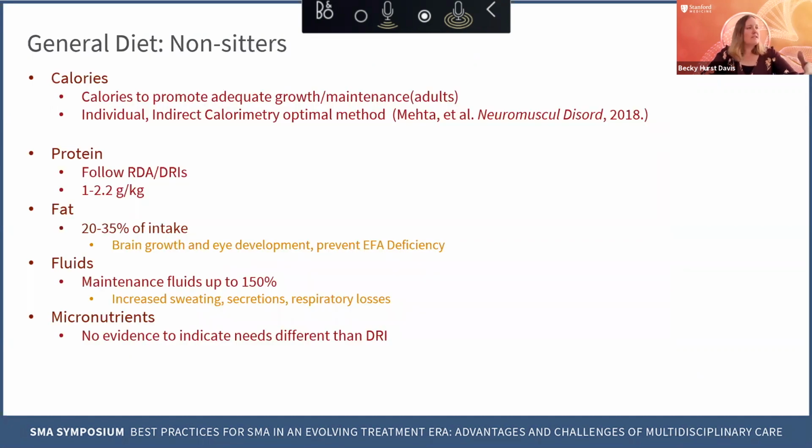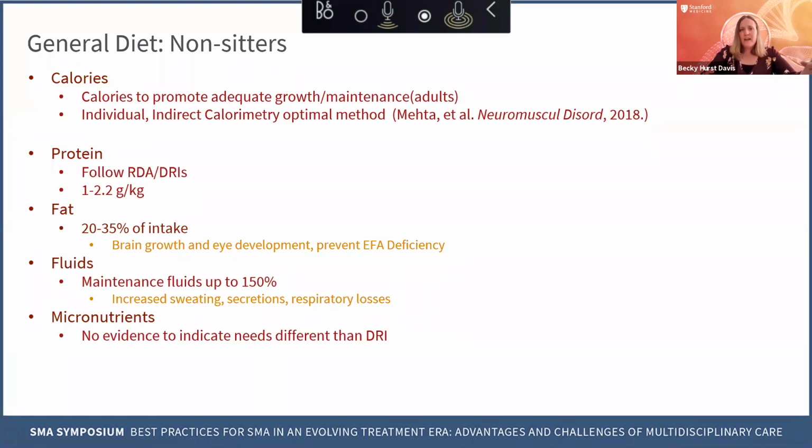Okay, so for general diet, I did say we want adequate calories to promote growth for kids and maintenance for adults. Everybody is different, and especially with the therapies and the continuum of symptoms of SMA, you want to treat it individually to the patient, to their growth.